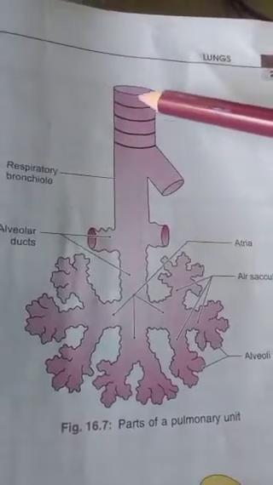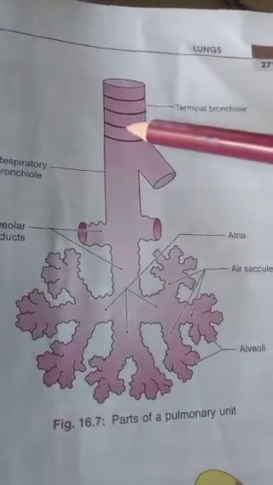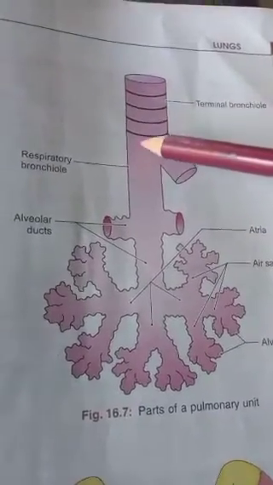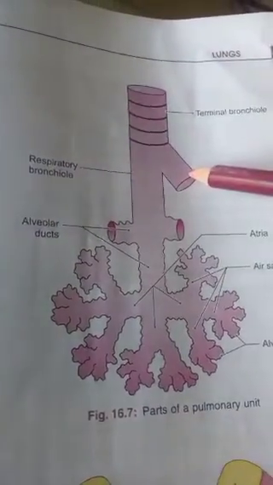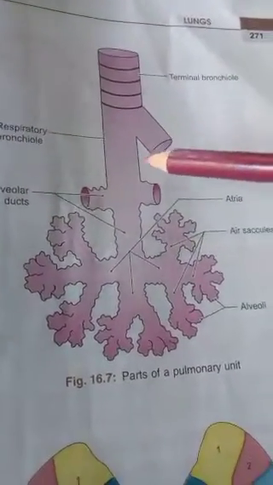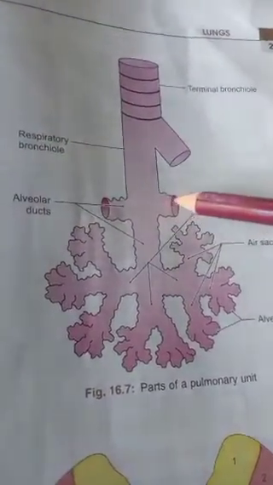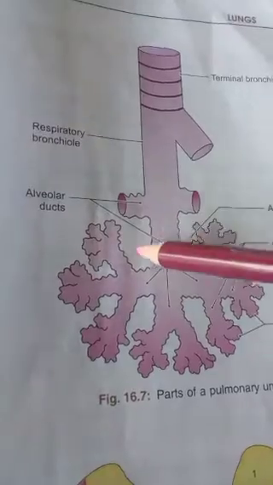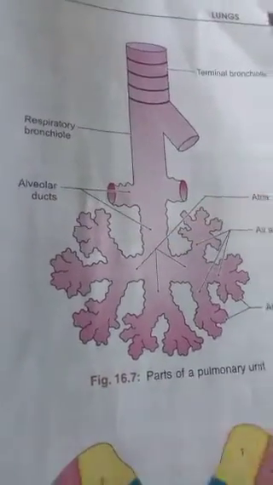Each segmental bronchus will again divide into terminal bronchioles. Each terminal bronchiole will divide into respiratory bronchioles. Each respiratory bronchiole will again divide into smaller units called alveolar ducts.